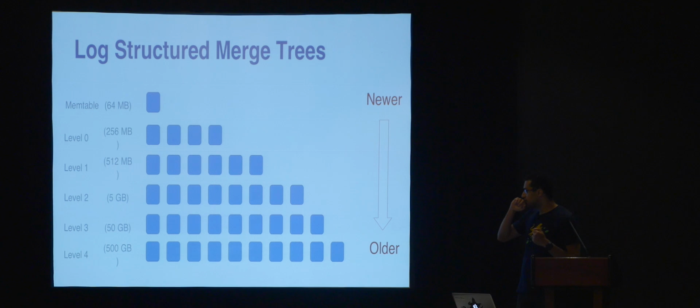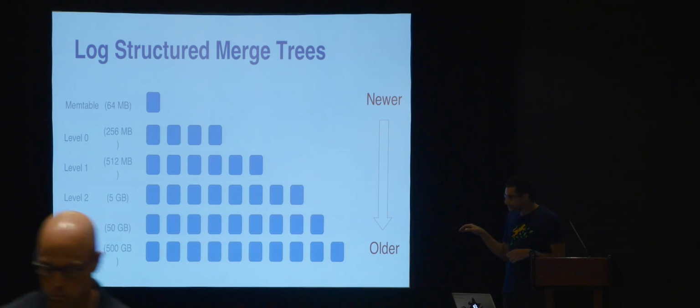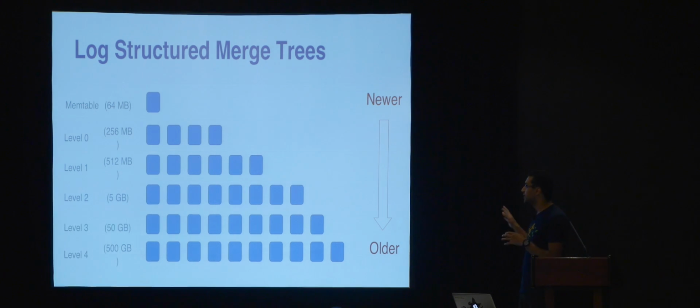The first thing I want to mention is that almost everything in your database belongs to the bottommost level, here level 4. About 90% of your data belongs to the lowest level. New updates and deltas that you send to RocksDB come in at the upper levels and flow down until they reach the lowest level. But basically, almost everything lives in level 4.